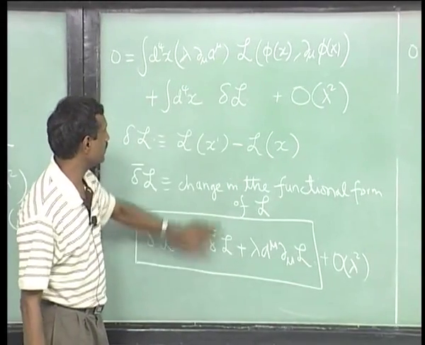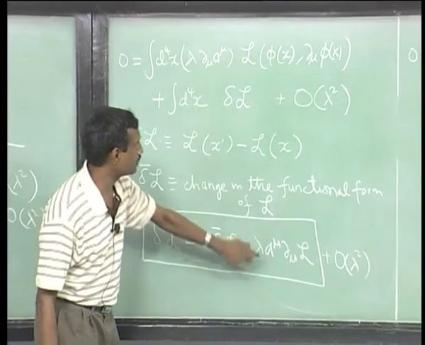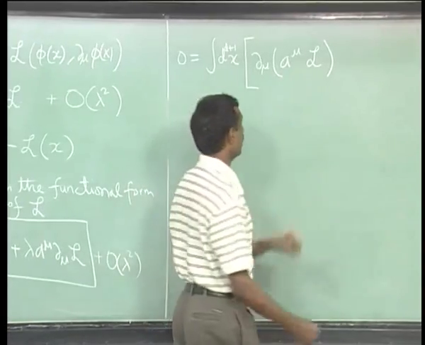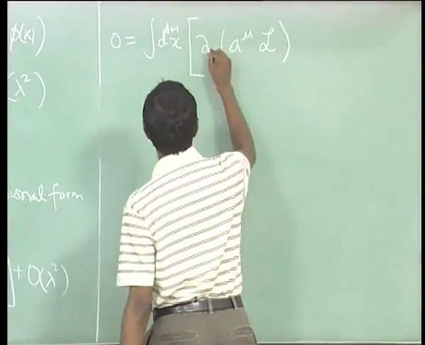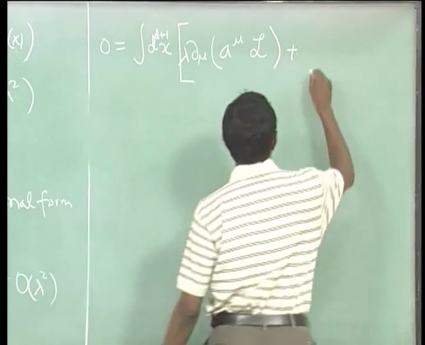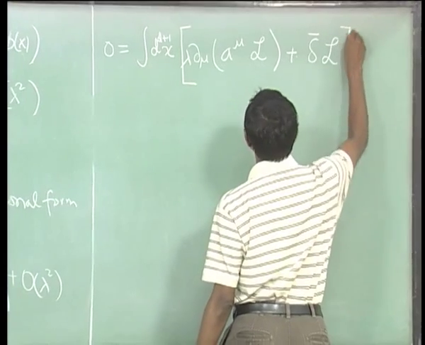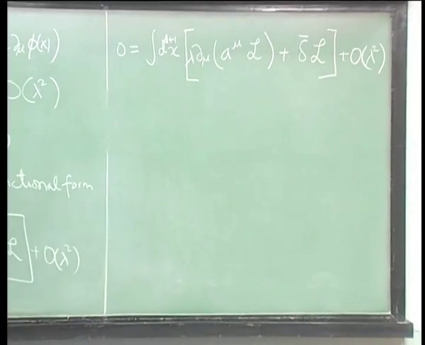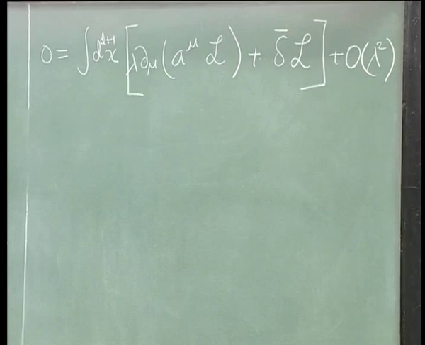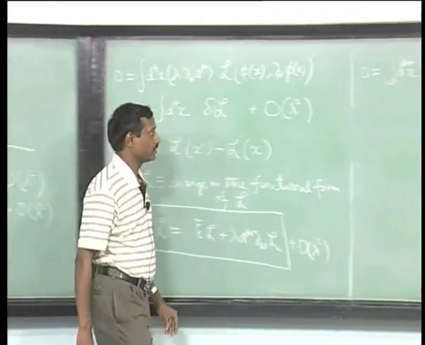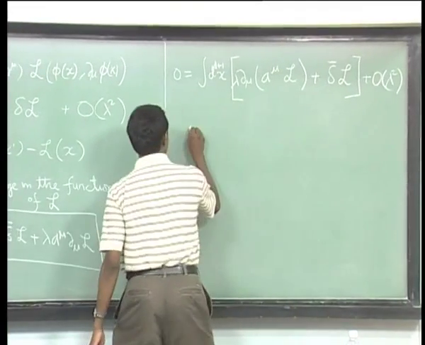I am using this formula and plugging it in here, and you can see that this particular term and this join to give you this term, plus, so this will have a lambda going with it, plus order lambda square. So I have just substituted for delta L out here, and that is about it. So we can now look at what delta bar of L is.